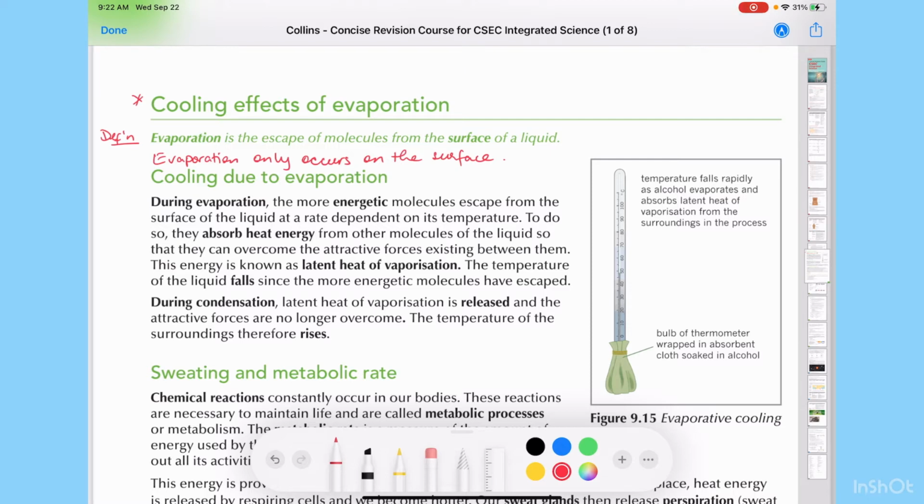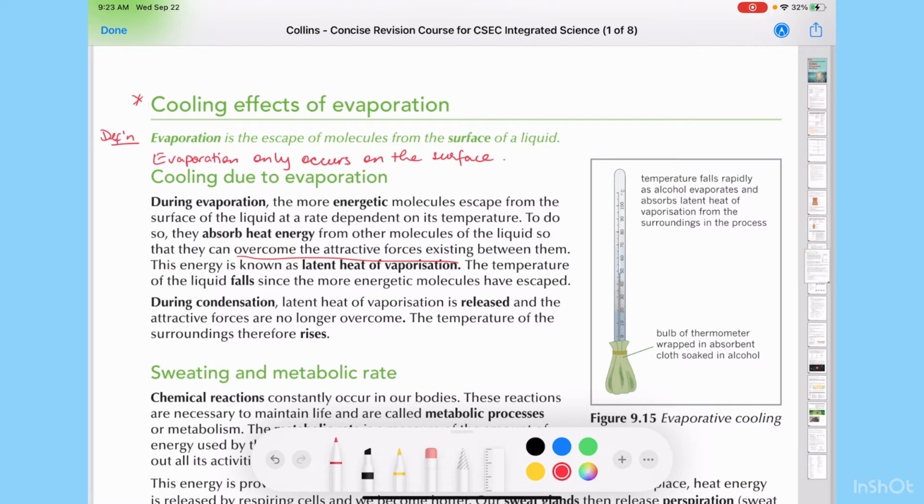So what happens is that the molecules, in order for them to gain enough energy to escape the bonds of the liquid state, will absorb heat energy from other molecules. Once they absorb enough energy, they are able to overcome the attractive forces which exist between the molecules in the liquid state and break free.